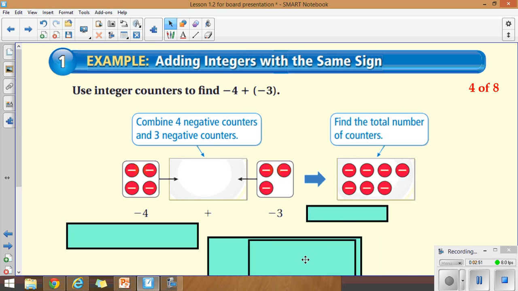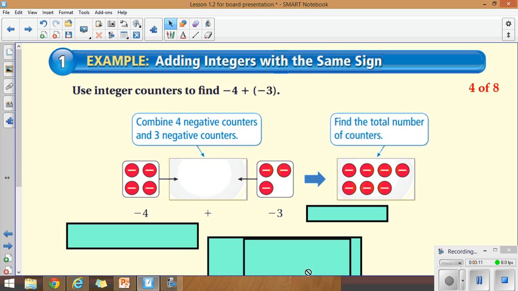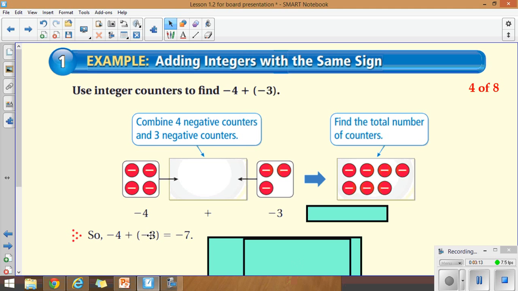So when we combine that, we have our 4 red plus our 3 red. Do you notice that there are not any 0 pairs in this set? So I don't have anything I can take away. They're all the same color. So -4 plus -3 equals -7.